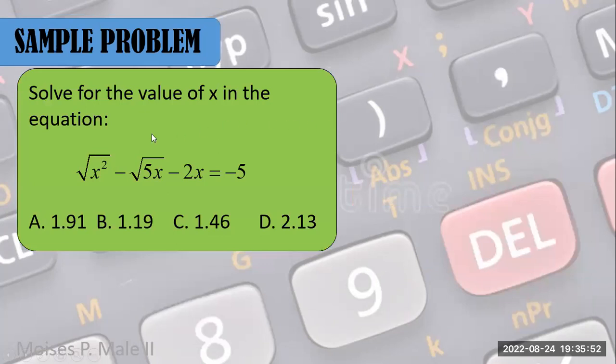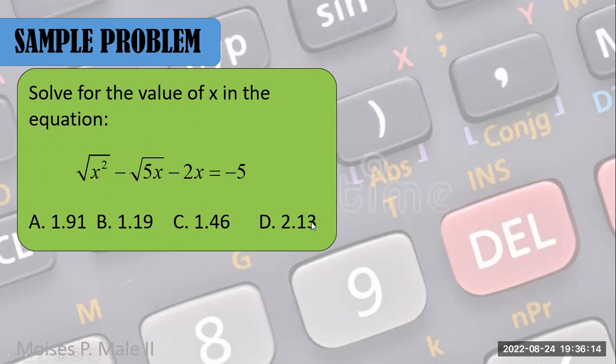Solve for the value of X in the equation square root of X squared minus square root of 5X minus 2X equals to negative 5. Although, you can solve this using calc. Pwede naman sa shift solve. Ang calc kasi, delikado sa calc pag hindi exact yung values na choices.